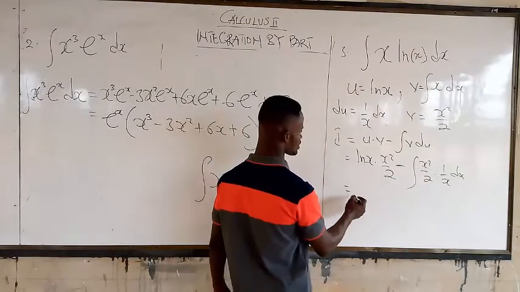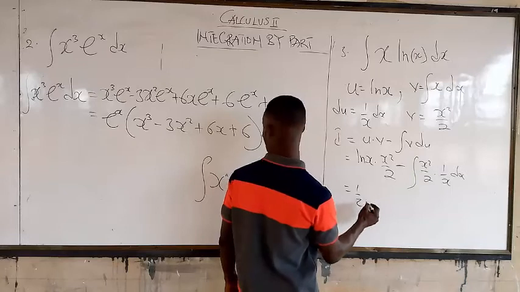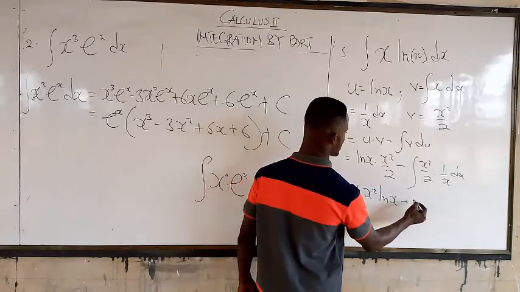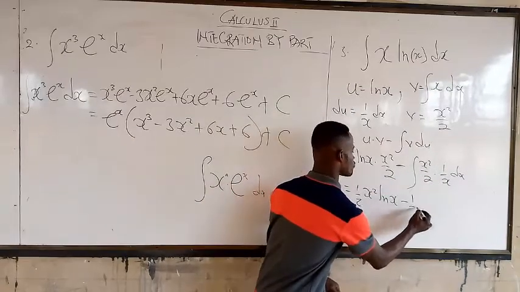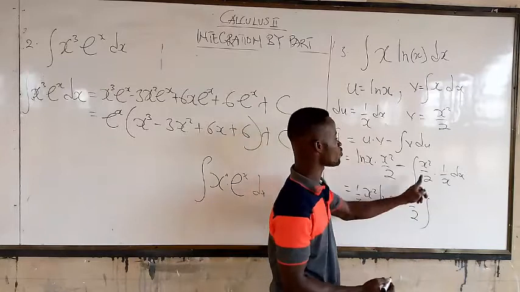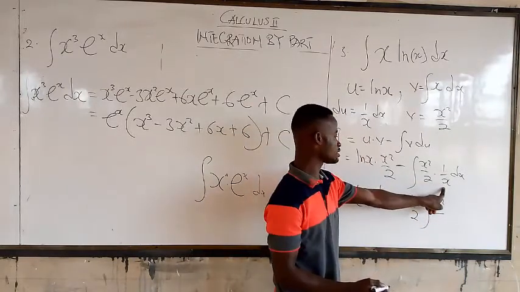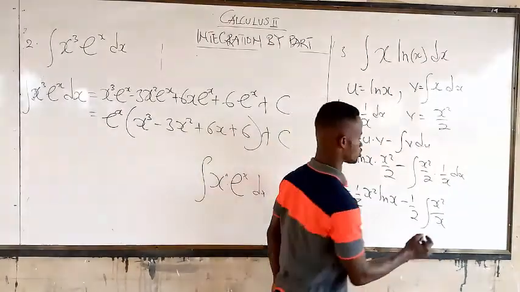So here you can see that we get half s squared ln s minus. Now, what is the constant here? Half. Bring it out. Integral of this and this, s squared over this. We get x because the half is already out.